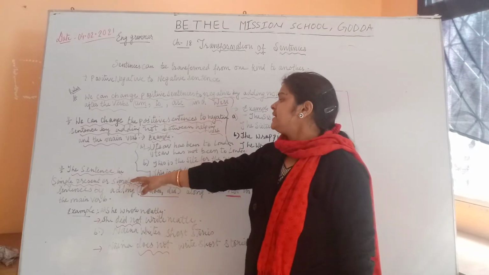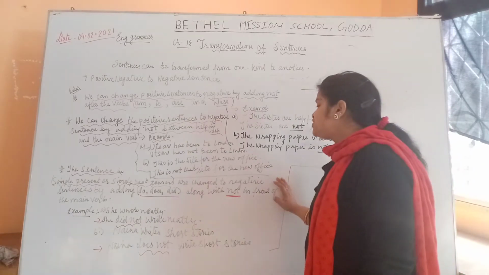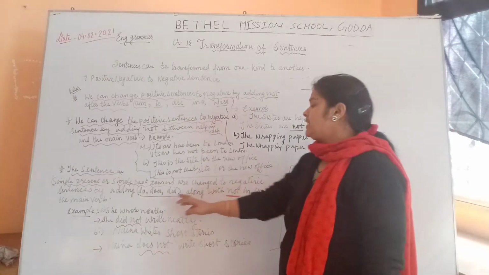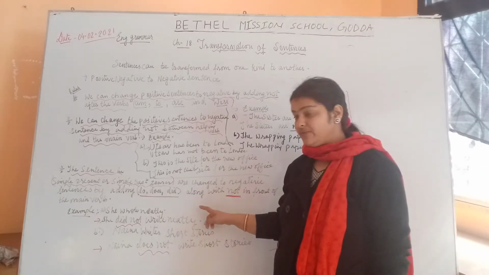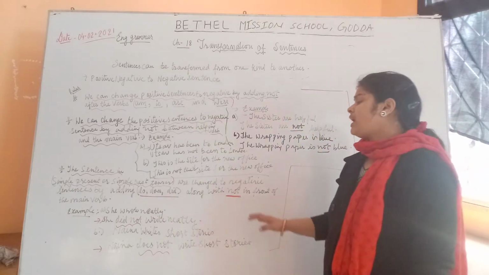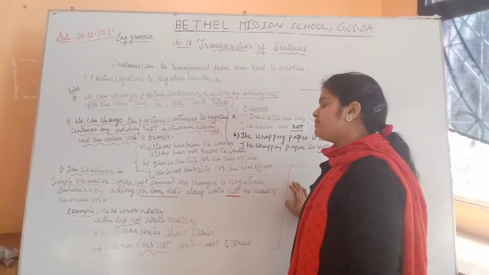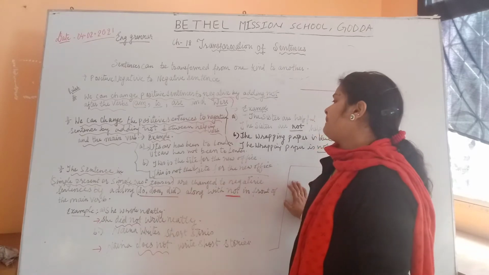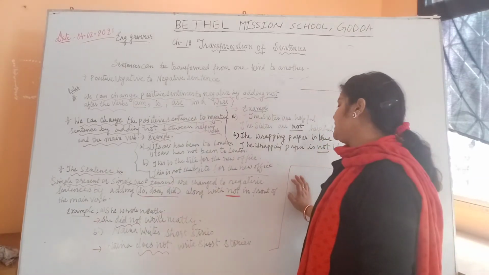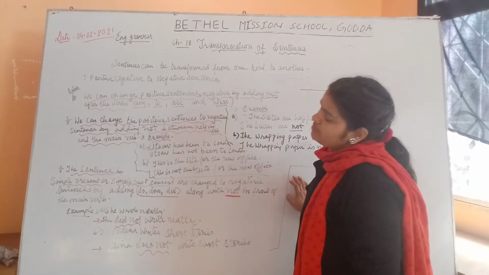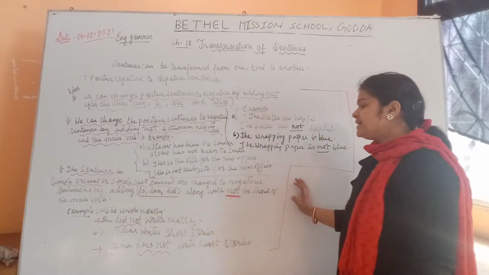Third one: sentences in the simple present or simple past tense are changed to negative by adding do, does and did along with not in front of the main verb. With examples, I will explain how to change such sentences.